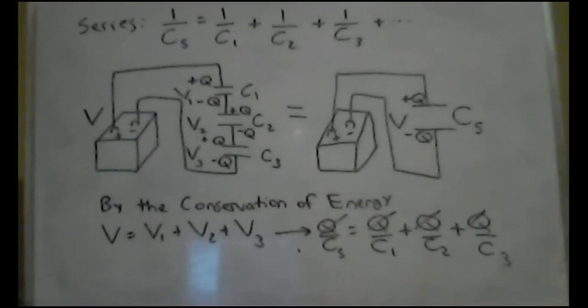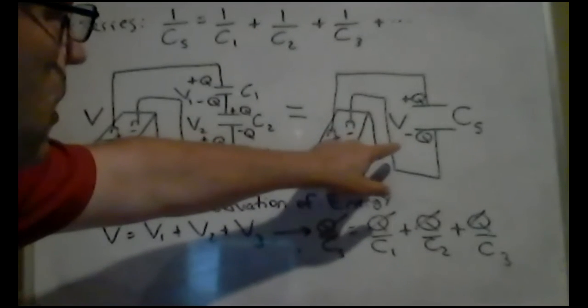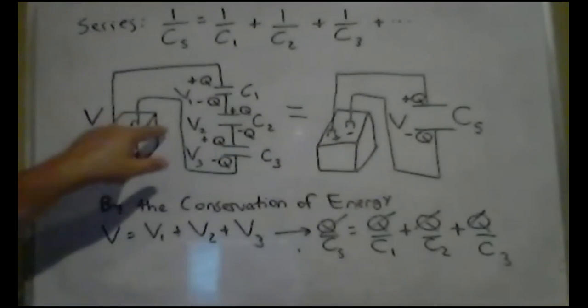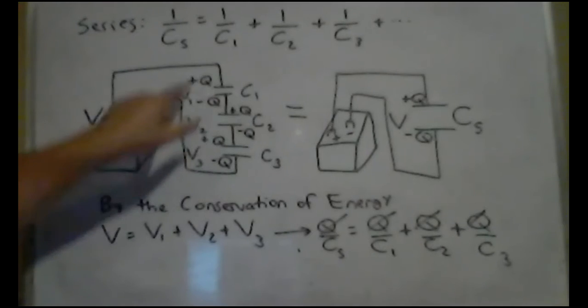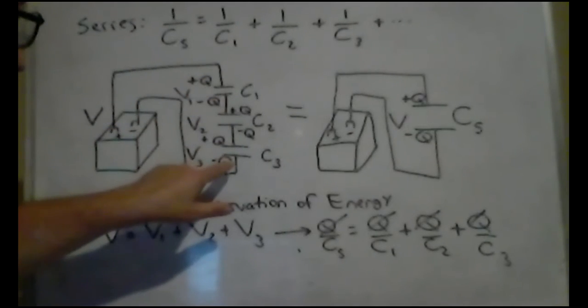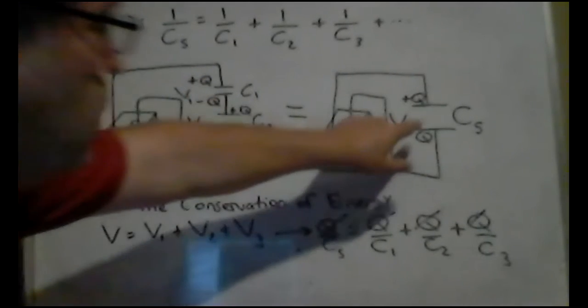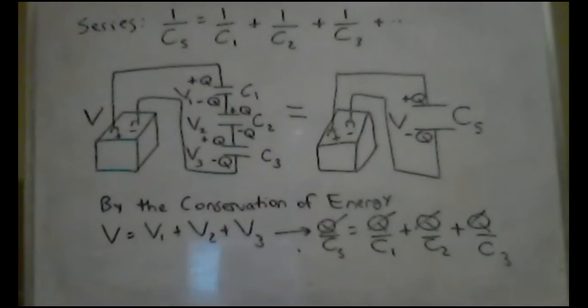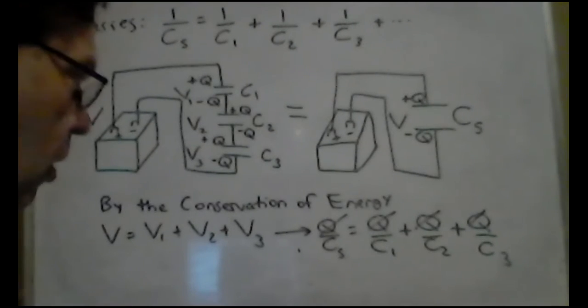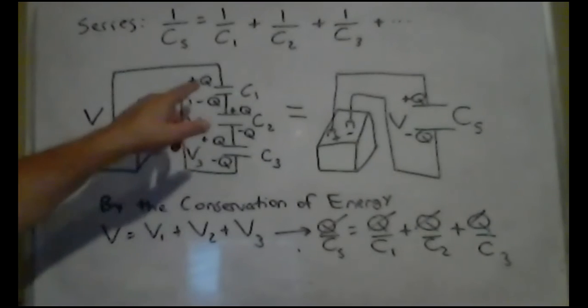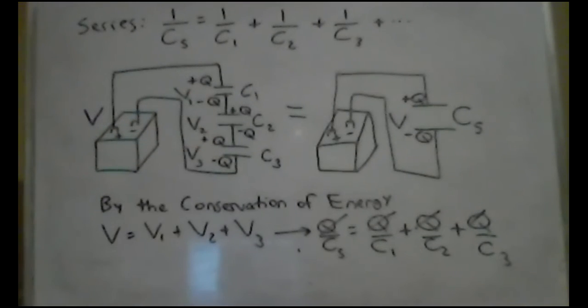So this circuit is exactly equivalent to this circuit. Instead of having these three capacitors in series, I can put this single capacitor in there instead, and it'd be equivalent. One of the things about capacitors in series is that the total series capacitance C sub S is smaller than the capacitance of any of the capacitors involved in the series connection.